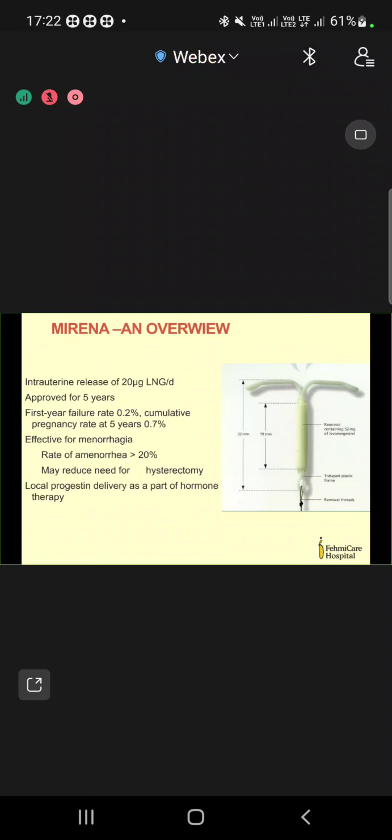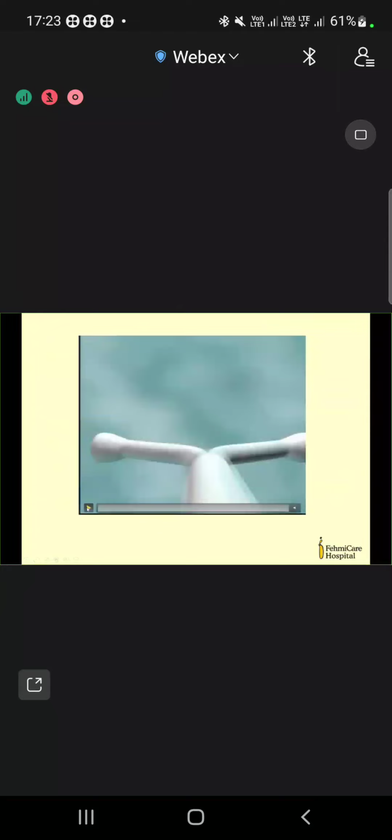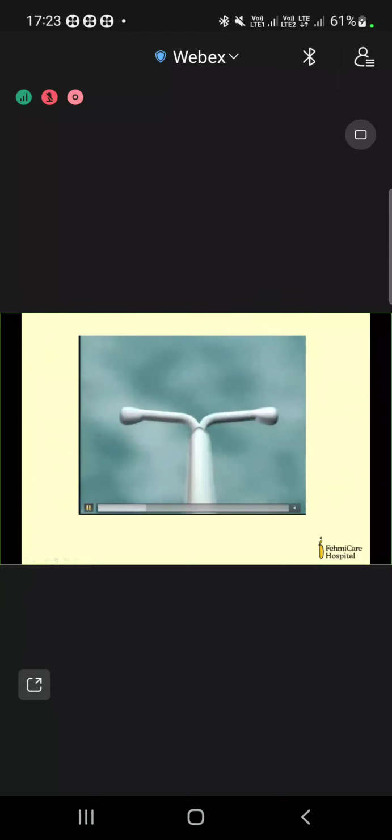It has drastically brought down the incidence of hysterectomies, and it is very easily acceptable to the patient compared to hysterectomy, and the beauty of it is that it is reversible. So it is accepted as a contraceptive device in more than 100 countries. And for menorrhagia, nearly 100 countries have accepted it. Once it is inserted, the insertion technique can be easily learned.